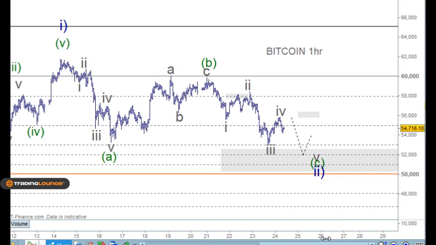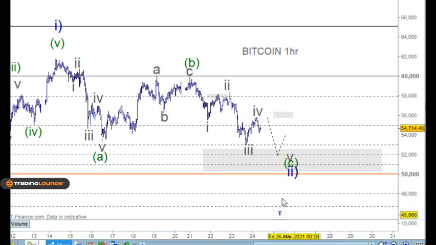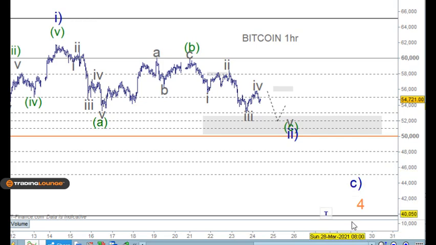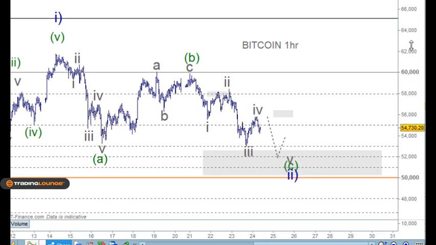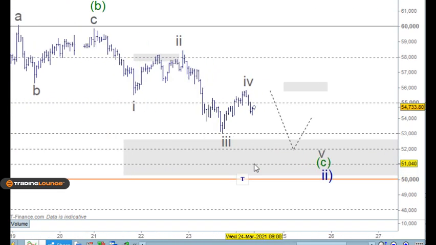So I'm just thinking about how we count this move down through here. One of the ways you could do it, let's just say that the market comes down further here. We get 1 and 2 here, and 3, 4 and 5 here.